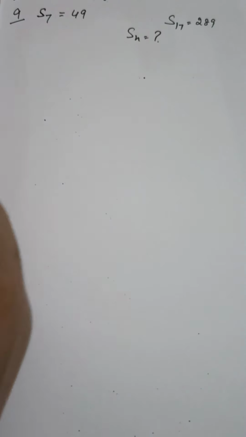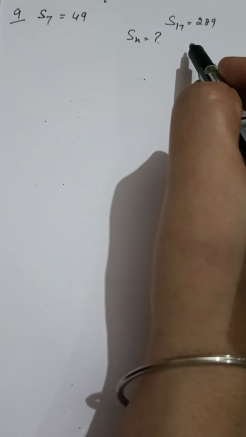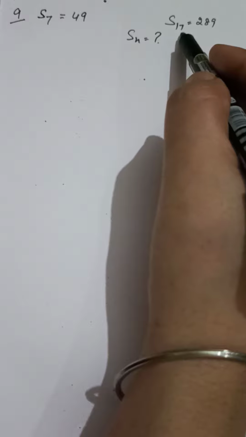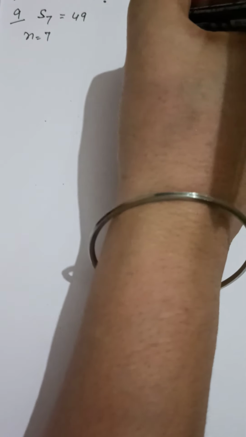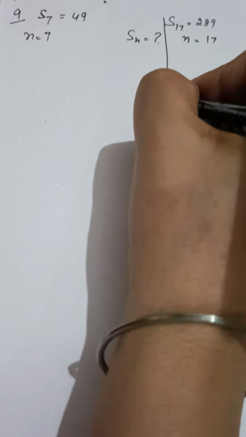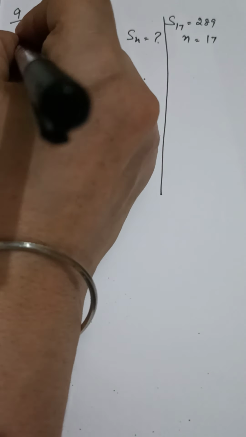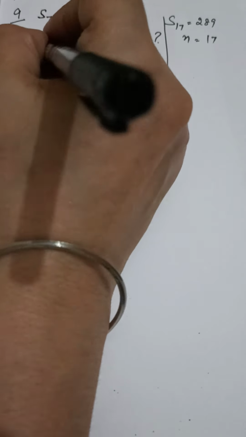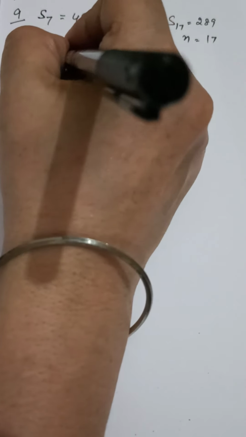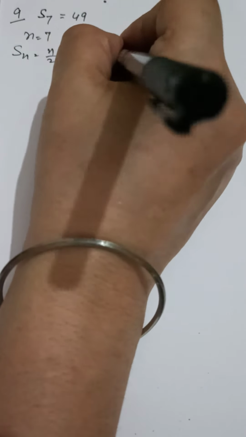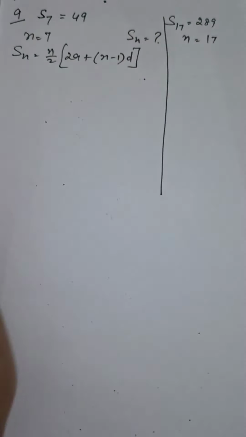S7 means n is equal to 7 here, and S17 means n is equal to 17 here. We have two parts of this sum. We will start one by one. For S7, Sn is equal to n upon 2, 2a plus n minus 1 into d.